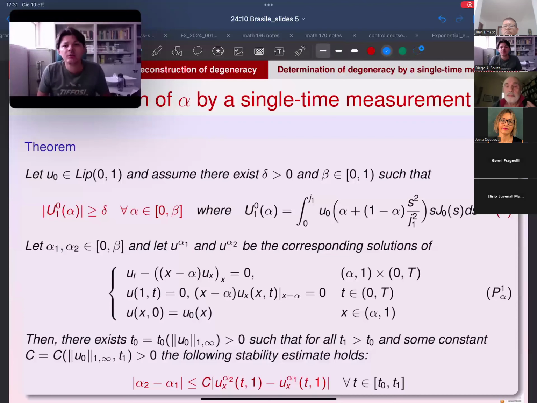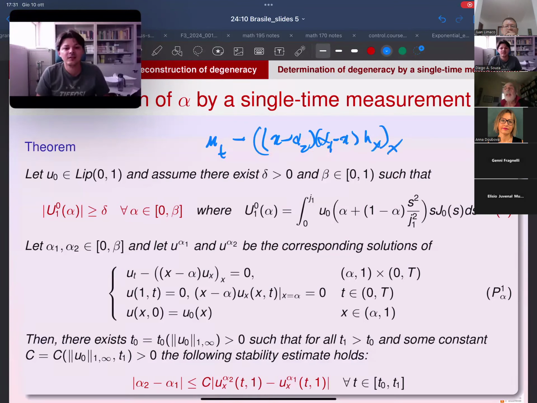You use a representation formula, no? Exactly. Like this. Equals 0.